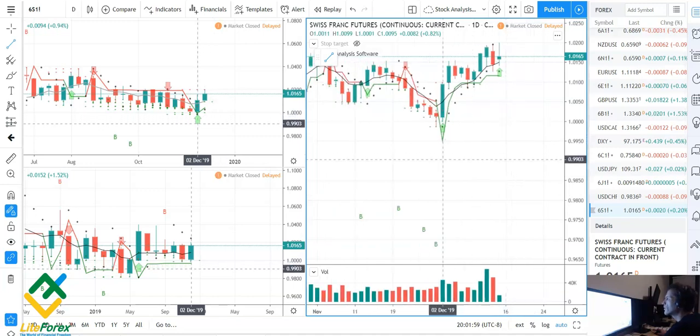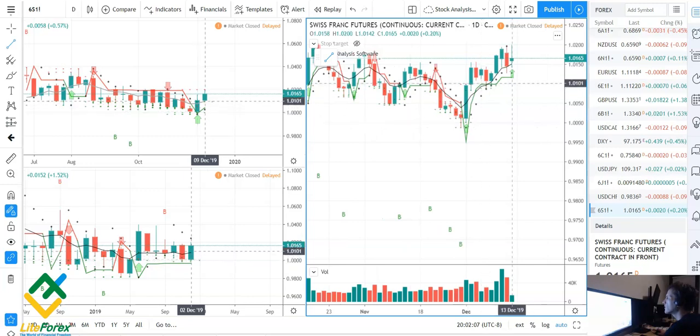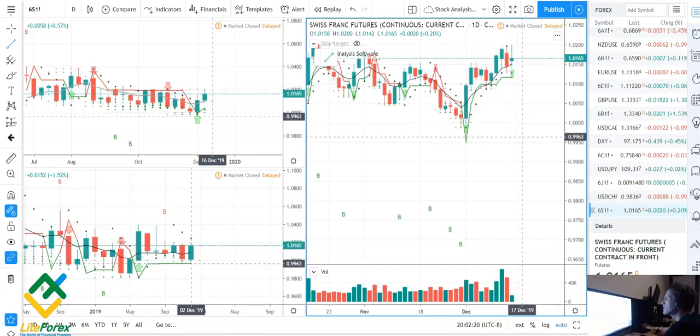Let's check out the Swiss franc futures. Of course, this is going to be the opposite, and it's always good to look at the opposite. Looking at the futures, you can just see here there is some resistance at the high 1.0200, just like we have the support on the USD Swiss, we have the resistance.